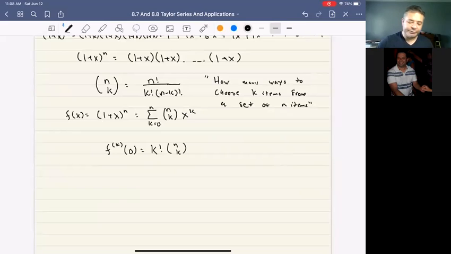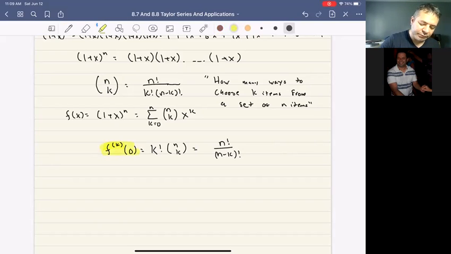All right, so it all sort of comes together. N factorial over n minus k factorial. So far, no big deal. Nothing special. But what's awesome is we can now go outside of integers.